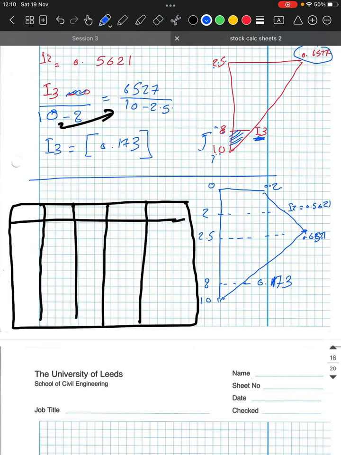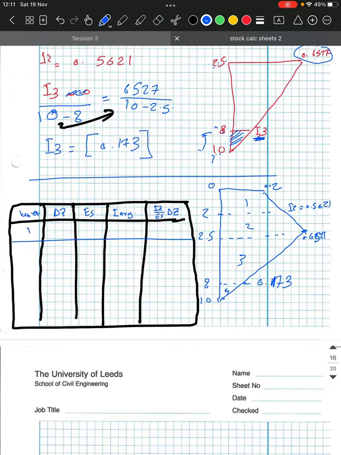So this is going to be layer, this is going to be delta Z, this is going to be ES, this is going to be IZ average, and this is going to be IZ ES delta Z. Okay, so we have 4 layers, right? 1, 2, 3, and 4.